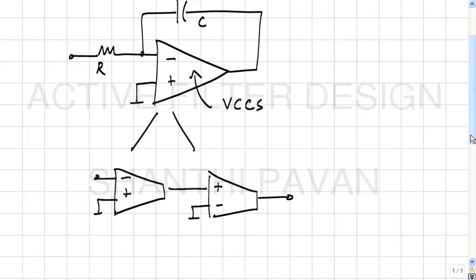This is what we meant when we said cascade two transconductors, and the poles I am talking about are the parasitic poles here, all right.